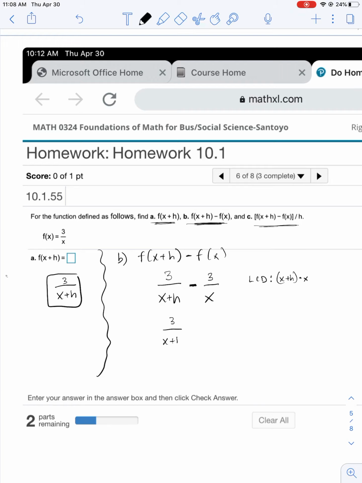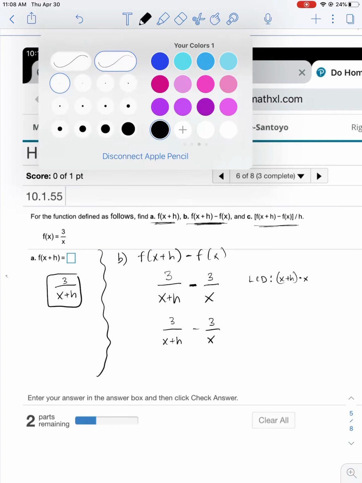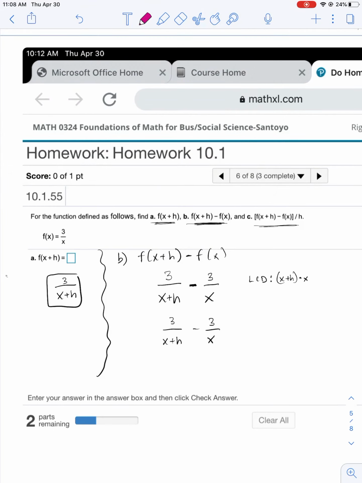So let me just start off by rewriting our two fractions. What we're going to do is multiply the first fraction by x, the second fraction by x plus h.